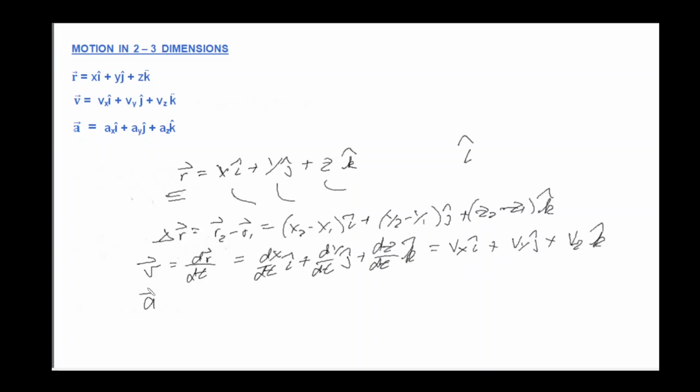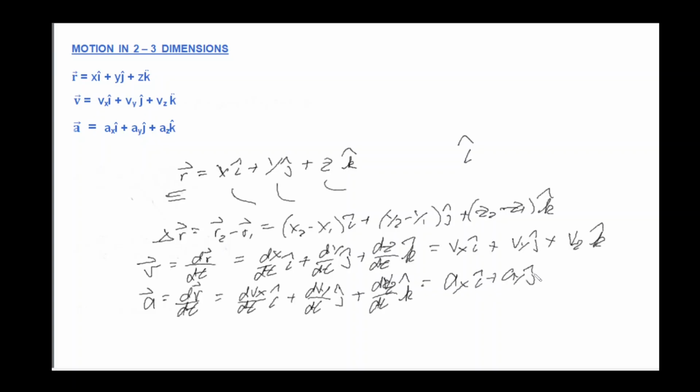Similarly, the acceleration vector, which is the derivative with respect to time of velocity, would be equal to dvx/dt i plus dvy/dt j plus dvz/dt k. And that can be shown as ax i plus ay j plus az k.